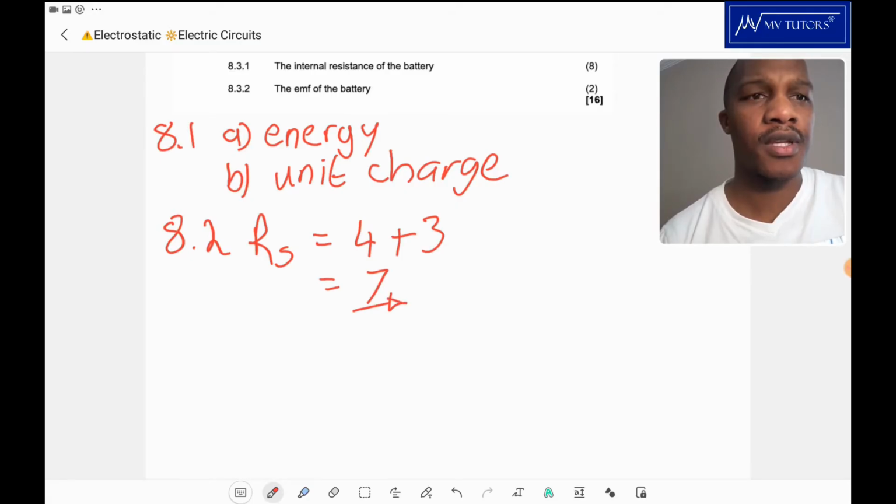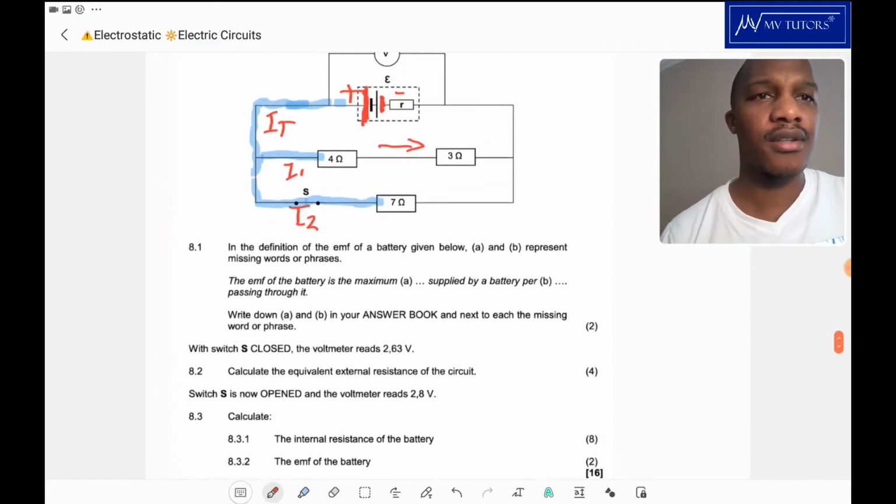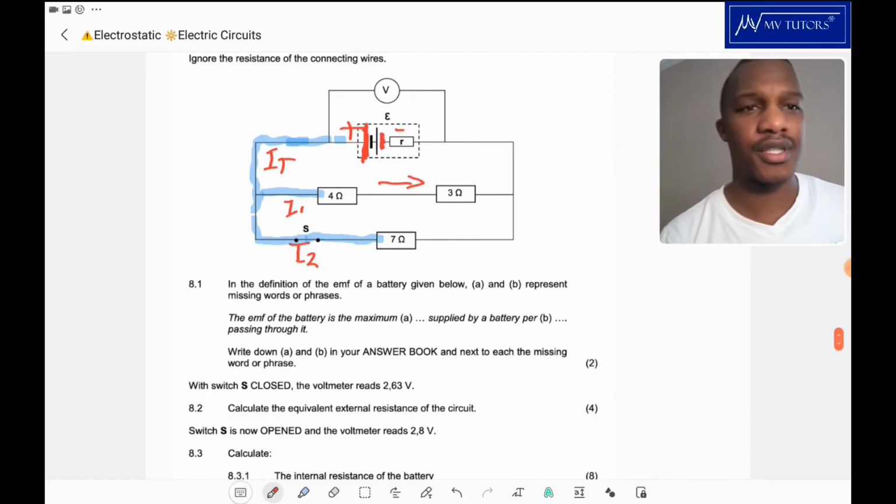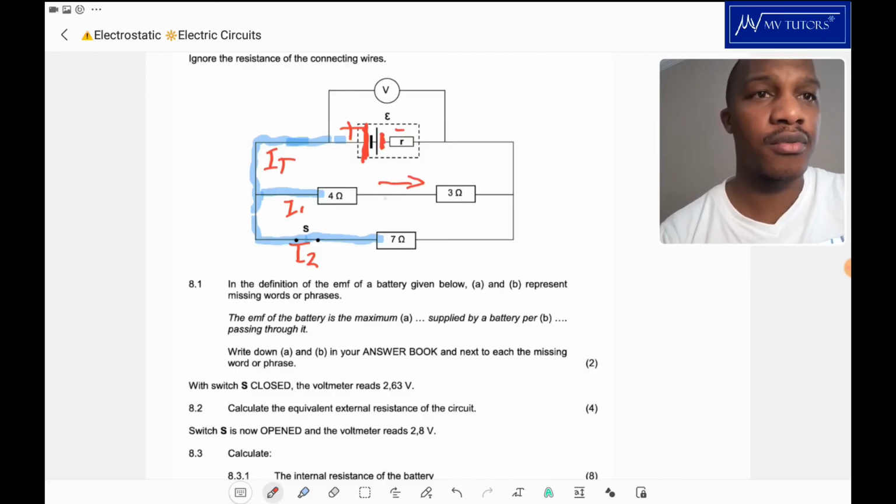Okay, we're not done. That's not the total or external resistance. We've got another 7 here, which is in parallel with the 7 that we got here.